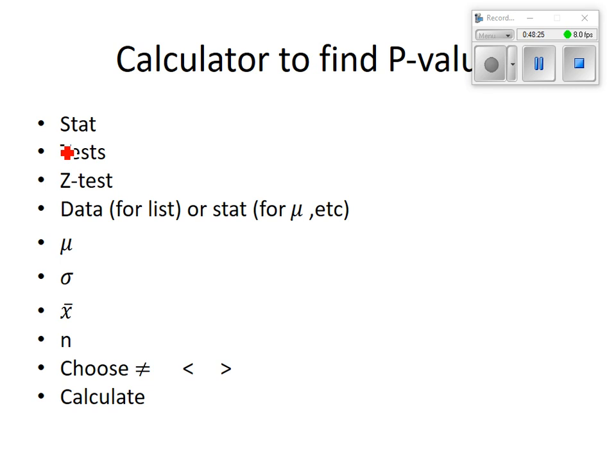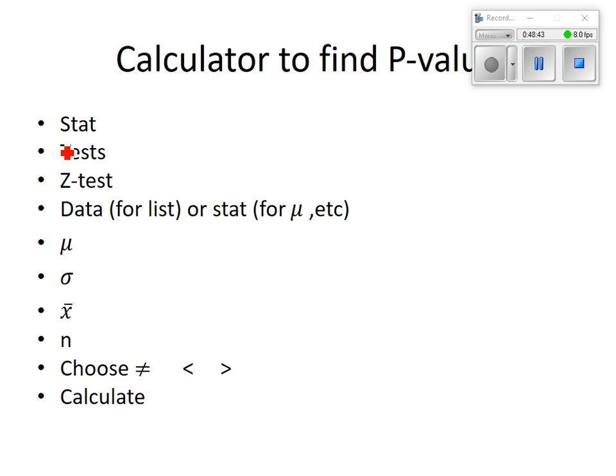So on your calculator, you go to stat, test. I think z-test is the very top thing. Not z-interval, not all the other stuff that we've done up till this point. If you're putting data into a list, then use the data.